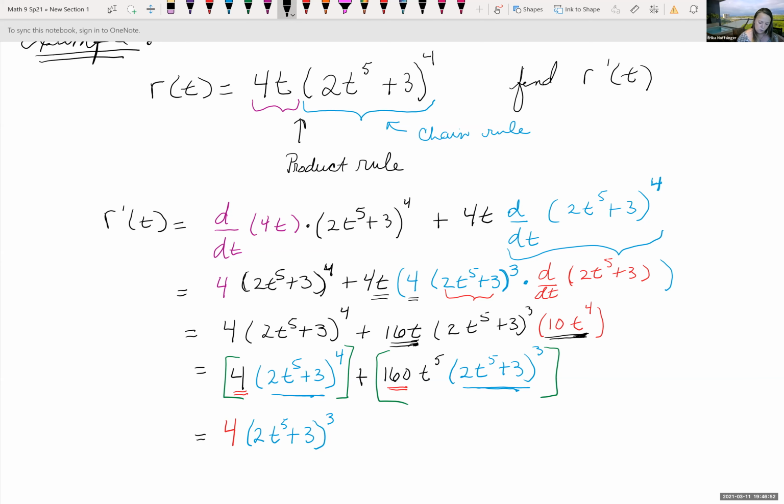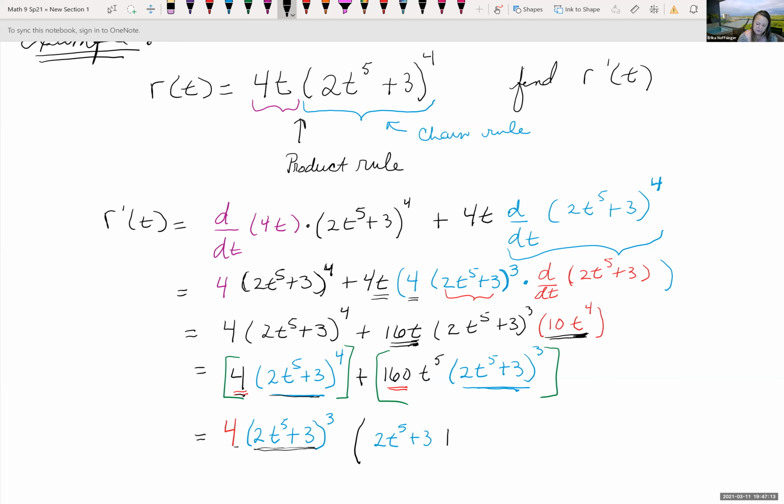So I pull out the parentheses 2t to the fifth plus 3, three of them, and a 4. What we're left with is 2t to the fifth plus 3 for that first grouping.